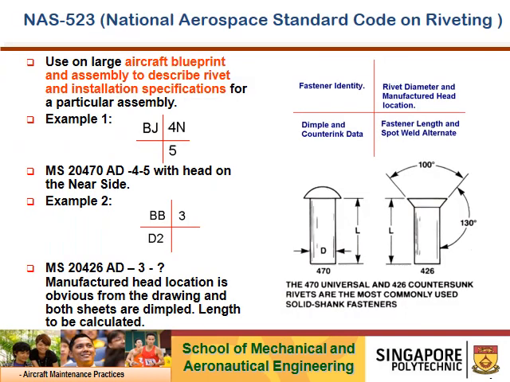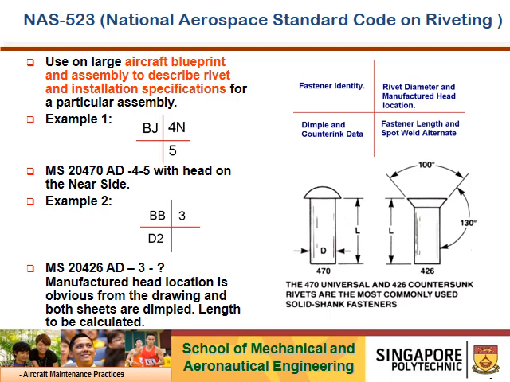All right, this is the NAS, National Aerospace Standard, coding on rivets. It's actually used in the commercial world, started off by the USA, Boeing. Boeing has its own system. That means on the aircraft drawings themselves, you need to inform the installer what type of fasteners to use.